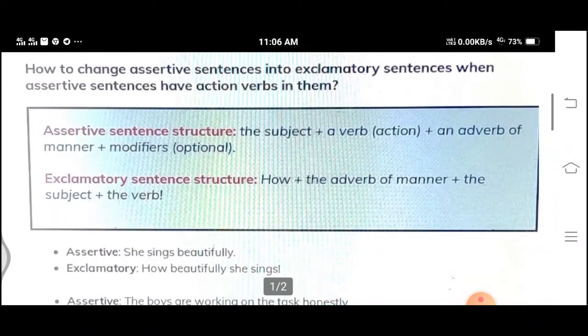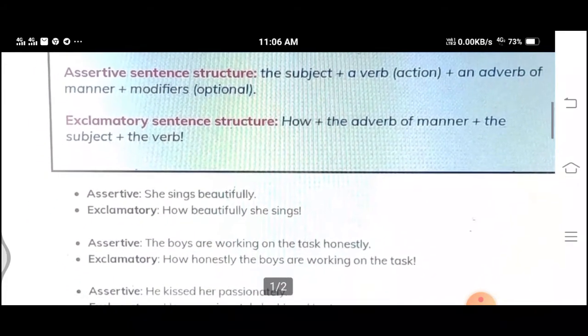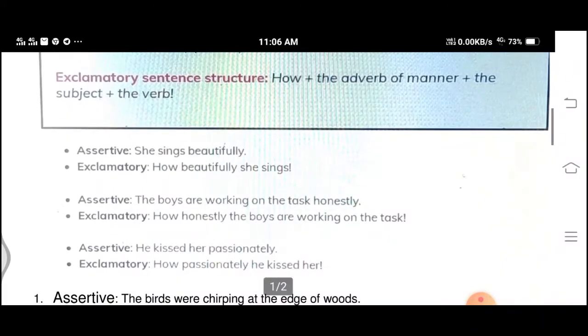And exclamatory sentence structure: how plus adverb of manner plus subject plus verb plus exclamation mark. So let us see some examples. She sings beautifully. How beautifully she sings. At first how, then adverb of manner plus subject plus verb, exclamation mark.